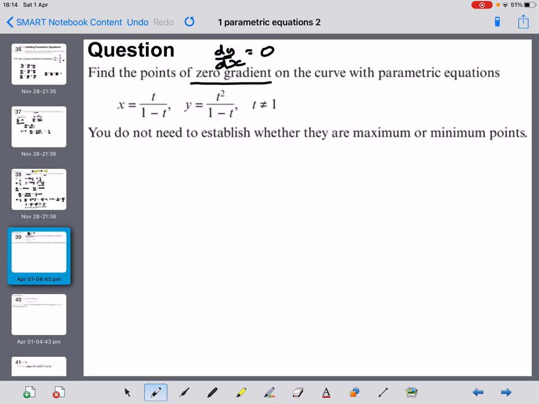Okay, so we need dy by dt and we need dx by dt. Both of those are a function of t over a function of t, so for both of these, we're going to have to use the quotient rule.